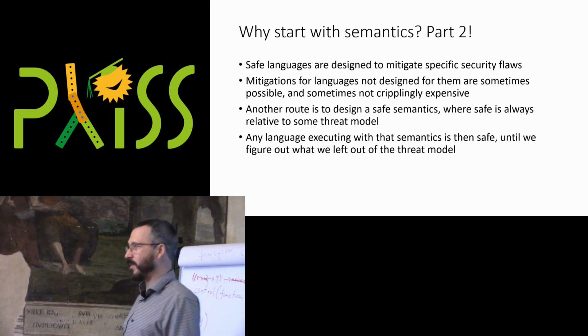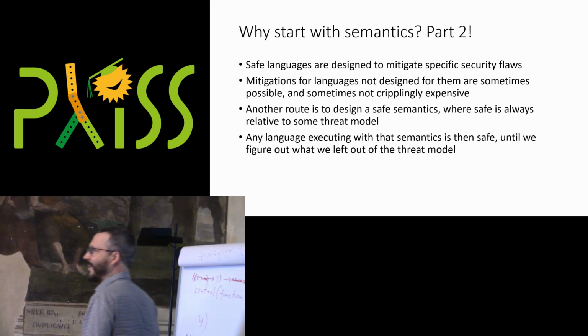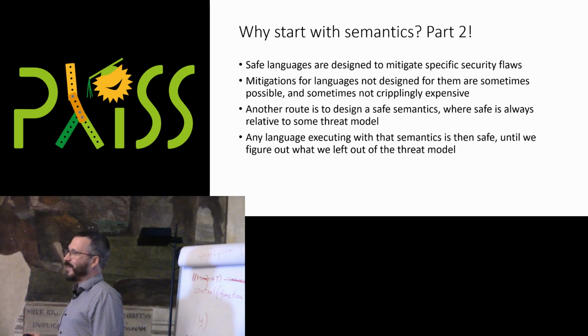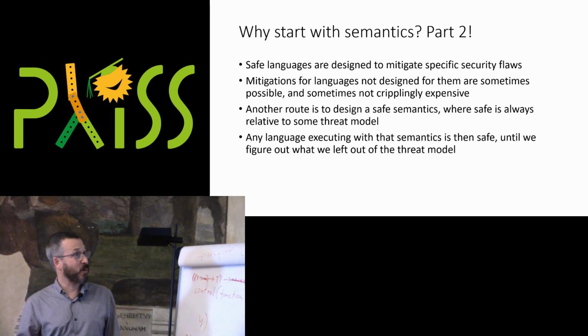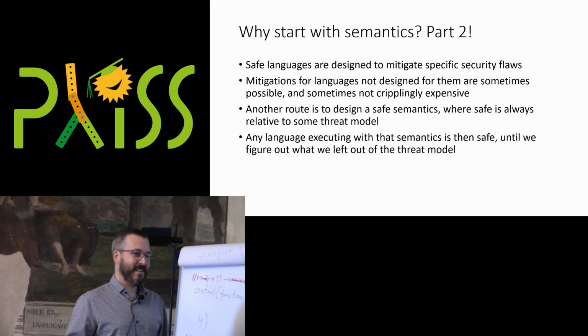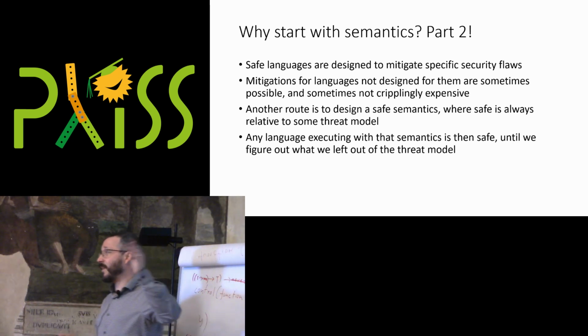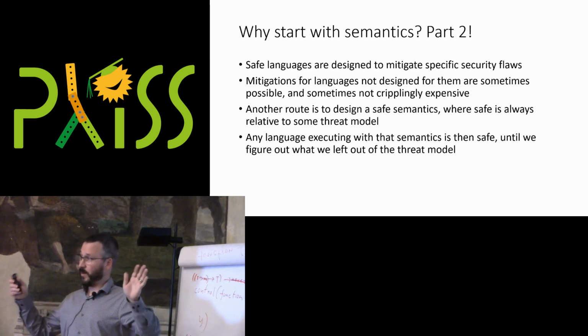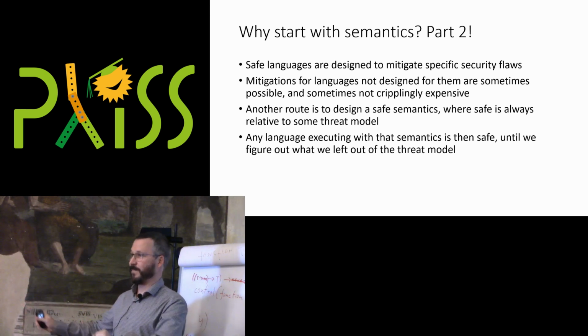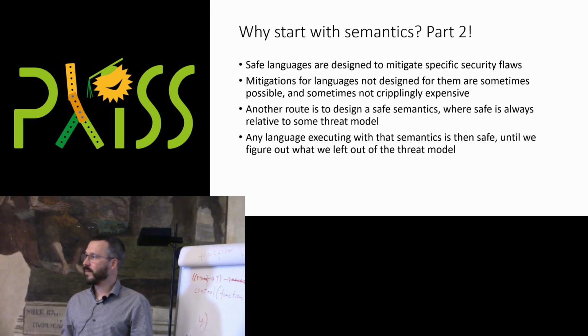And you may discover, about 20 years later, that your processor design was slightly less secure than you originally intended. So, that said, if you do design a safe semantics, anything that runs on top of that safe semantics is safe, until we figure out what we left out of the threat model, right? But until that point, that's a nice motivation too.